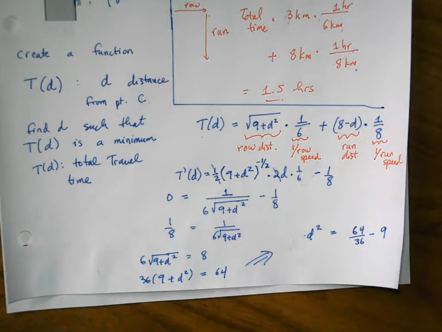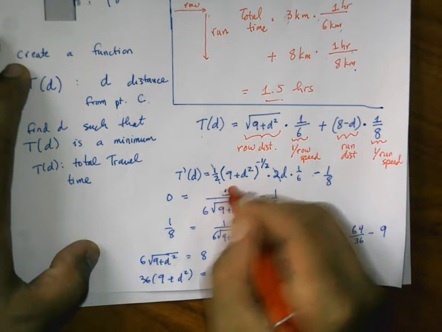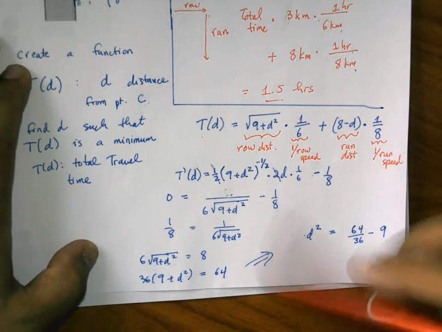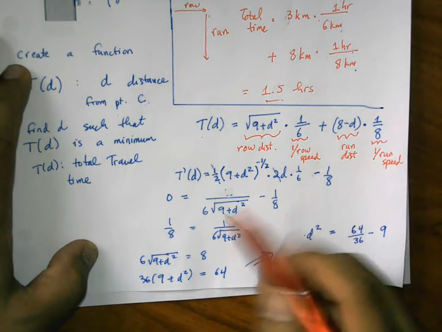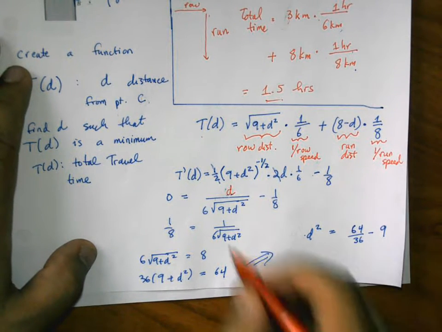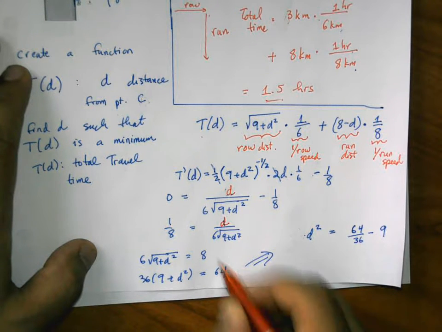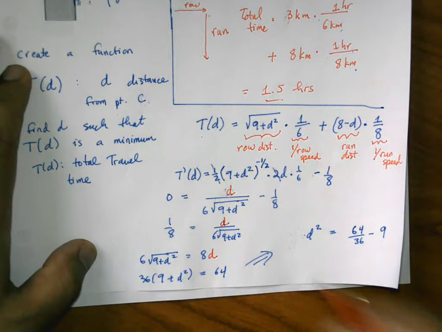Oh, wait a minute. I made a bad mistake here. I forgot to use this d right here. So somewhere when I simplified from here to here, I lost that d. So that was a problem. So this should say d, and if you multiply, this should be 8d.